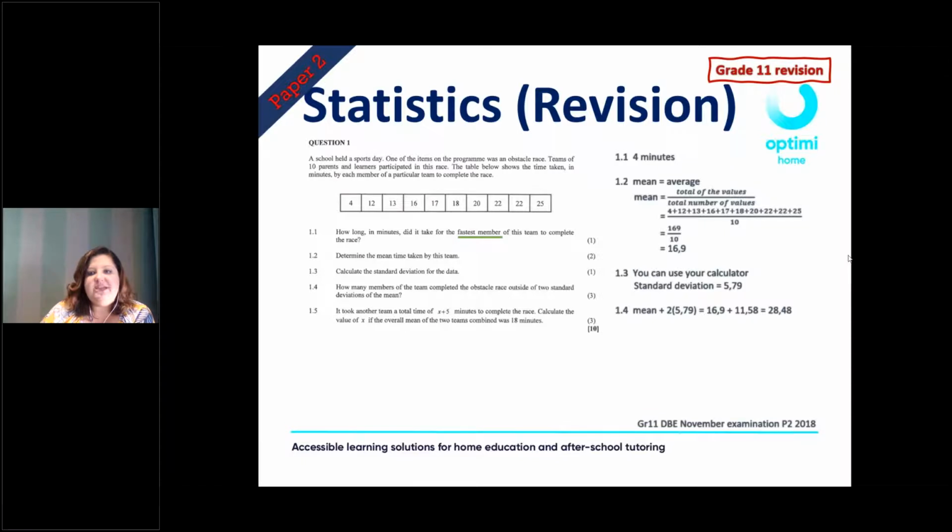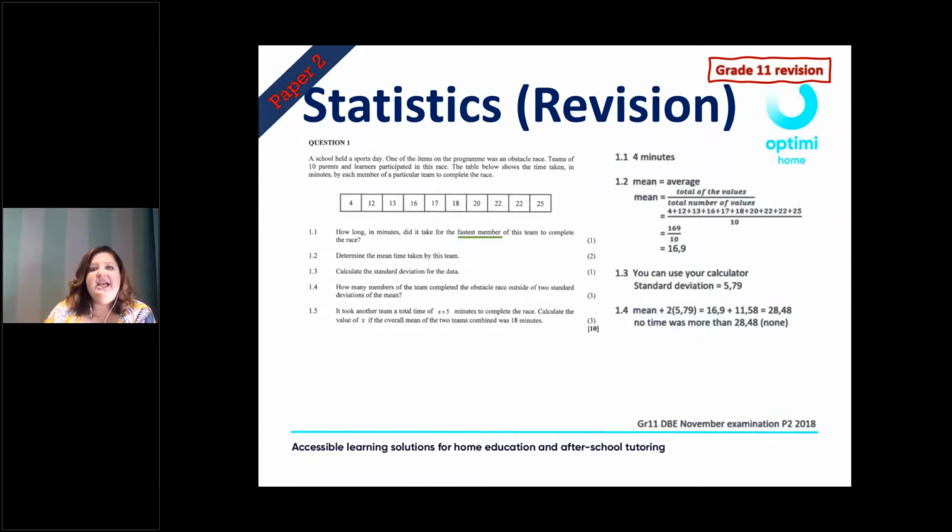So you will take your mean, you will add 2 standard deviations. So it's 16.9 plus 11.58, and it gets to a value of 28.48. Now, if you look at your data, there was no value more than 28.48. So none of the times were more than that.